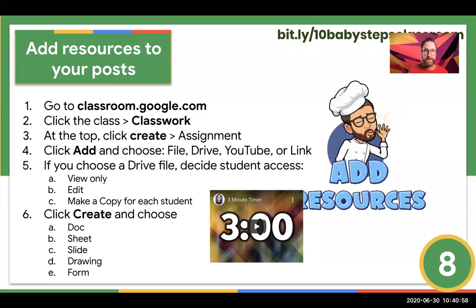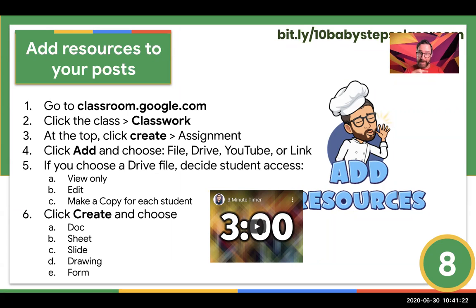All right, baby step number 8. We have 5 minutes, which is fine. But you guys have actually already been doing this. You've already attached a link, but the way that you add resources is you go to classroom.google.com, you click on the class, you click classwork, click create, or you click edit an assignment, question, or material.